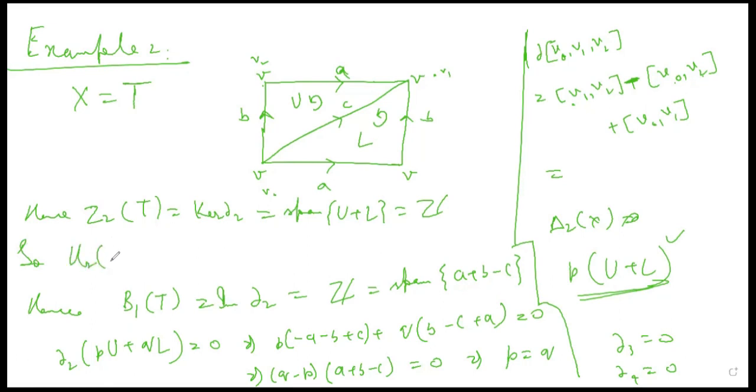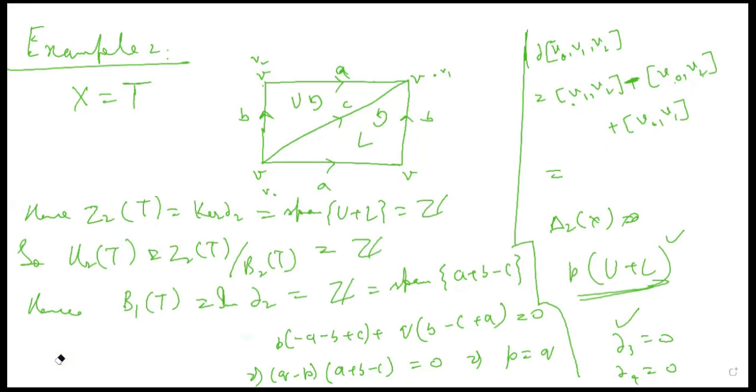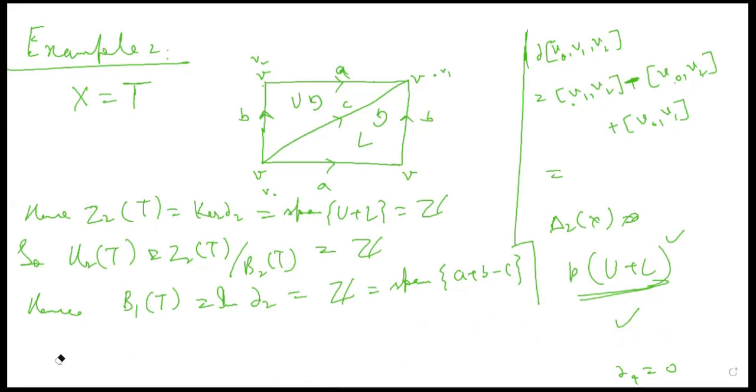So this second homology group is T quotiented by B2 T, but B2 T is the image of the boundary, which is 0, so this is basically Z. Okay, and now B1T comes out to be this. So B1T comes out to be this.